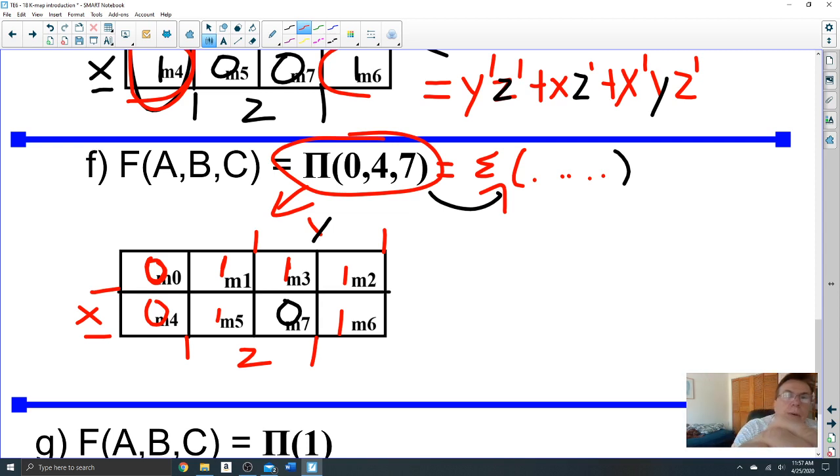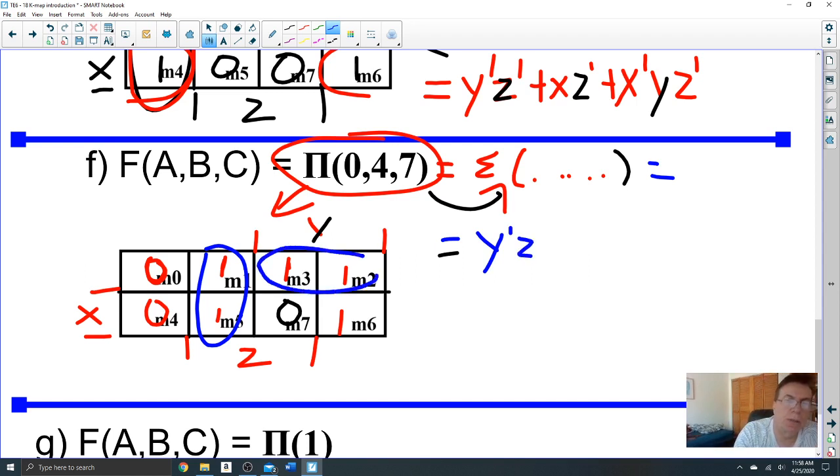So the pairs will be as follows. I'm going to try to use blue. In this pair, variable x is gone because it appears both as x and x prime. So it looks like it's entirely within y prime z. So this term is y prime z.